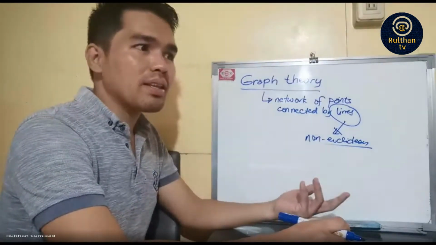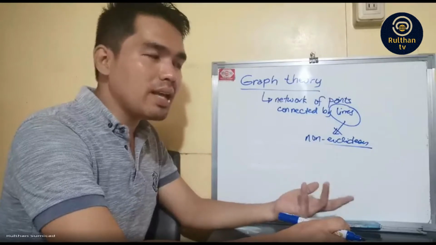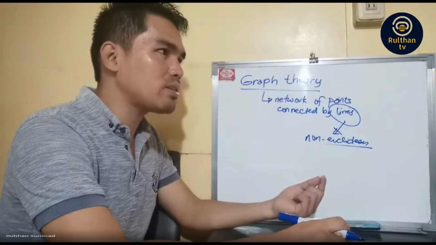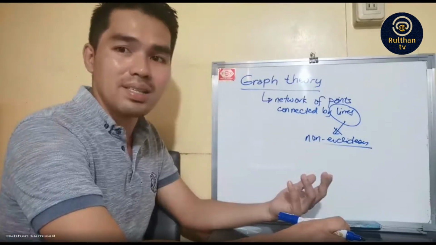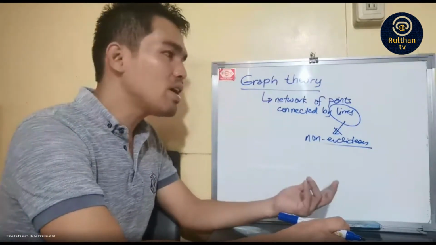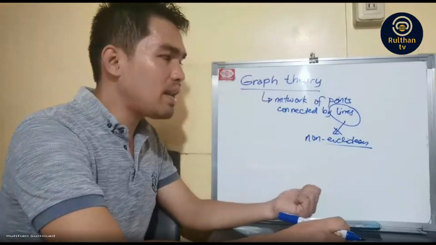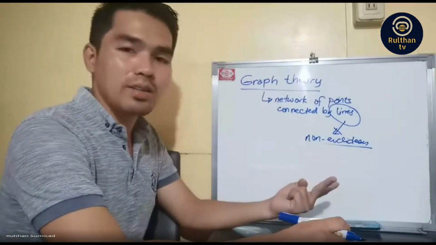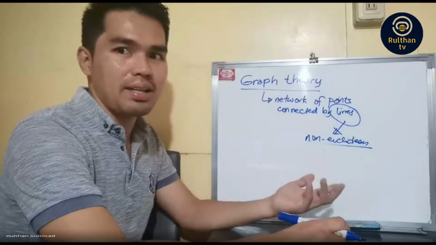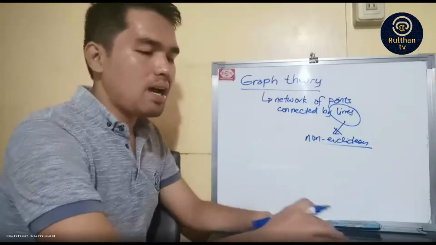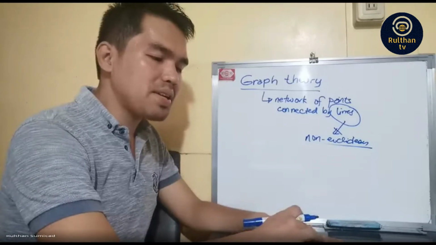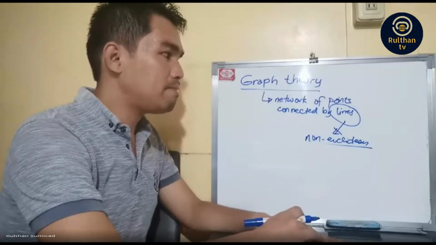Any points that are connected together form a line, but it doesn't necessarily mean that it's a straight line, because Euclid defined a line as 2 points connected together forming a straight line. But in this case, the lines that connect the points here are not necessarily straight.